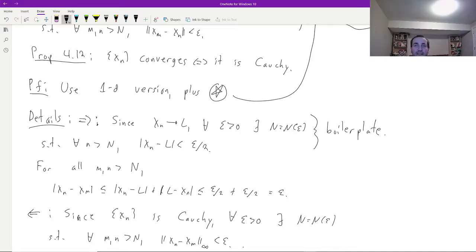That means that the norm of x_n minus x_m, oops, I forgot the norms, but let's put them in there, is less than the norm of x_n minus L plus the norm of L minus x_m, which is less than epsilon over 2 plus epsilon over 2, which is epsilon. So in this direction, there's really not much to do, right? This is in fact the one-dimensional proof, except we have to add in the little norm signs instead of the absolute value signs.